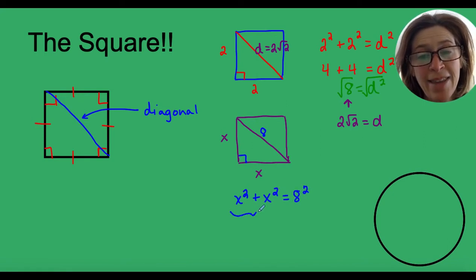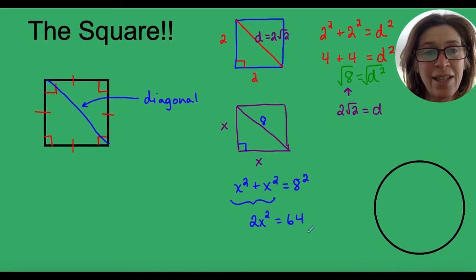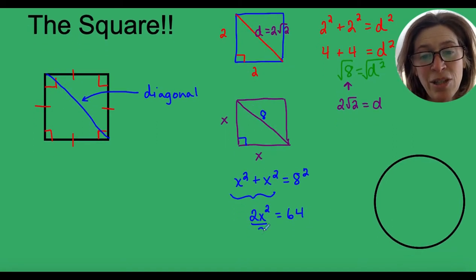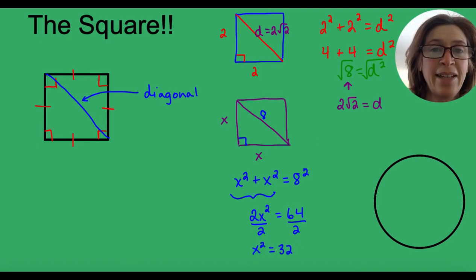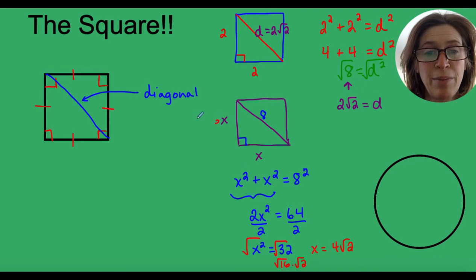You had to combine the like terms, and remember that when we combine like terms, we never change our power, so it would be 2x squared equals 64, and then you divided by 2, getting that x squared equaled 32. Then we took the square root of both sides, giving us root 16 times root 2, so 4 root 2. So these both would then be 4 root 2.